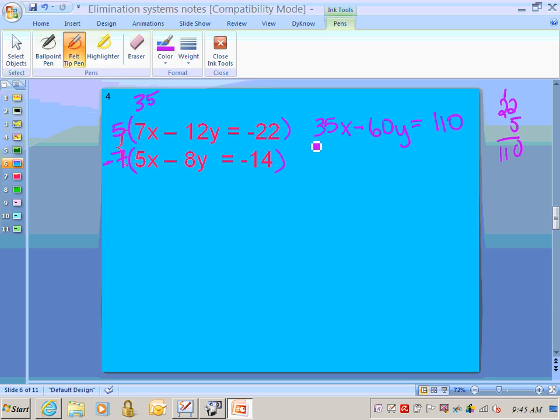The bottom one is negative 35x. Negative 7 times negative 8. Positive 7 times 8 is 56.